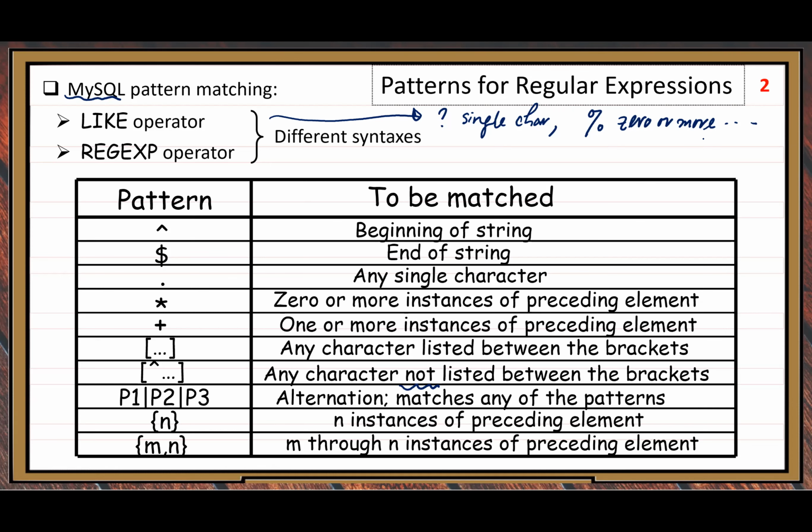For example, if I say 3, 6, then the pattern in front of this notation can be repeated 3 or 4 or 5 or 6 times, but not once, not twice, not 0, not 7.